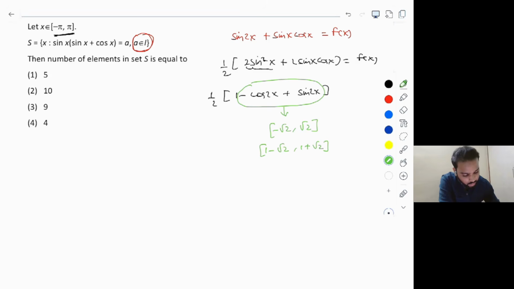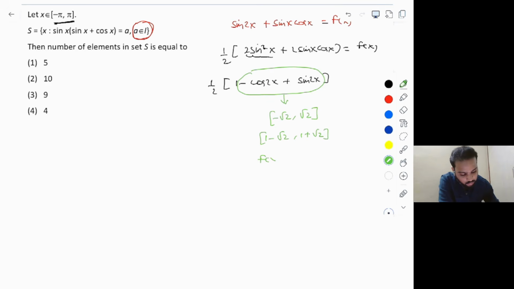So finally we have the range of f of x here. f of x belongs to the closed interval 1 minus root 2 by 2 to 1 plus root 2 divided by 2. Okay, so let's try to approximate also, because we have to find out the integral values of a which are lying in this range here. So root 2 is what? 1.414, right?